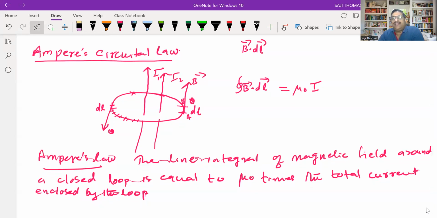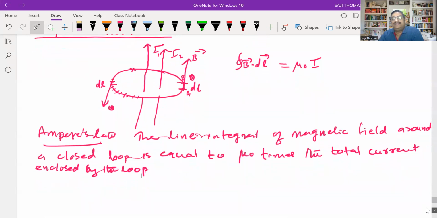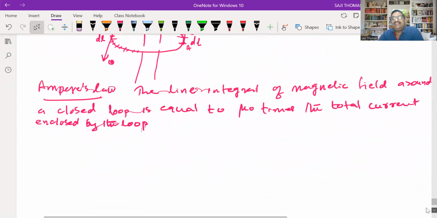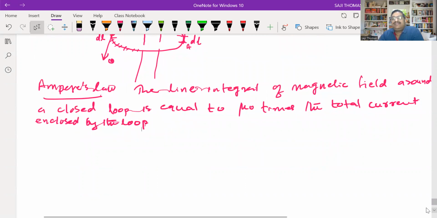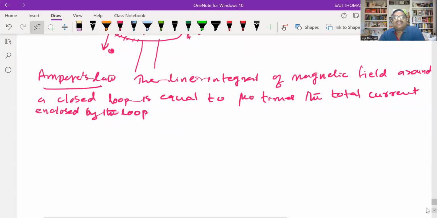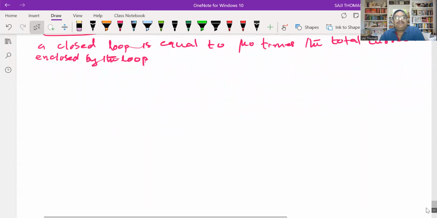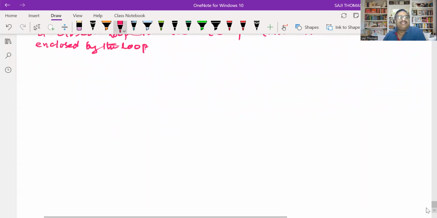Second, we can determine the magnetic field inside a solenoid. And third, we can find the magnetic field due to a toroid. We will discuss them one by one. First application. The main heading is applications of Ampere's Circuital Law.